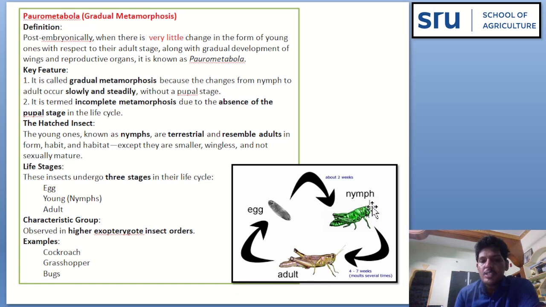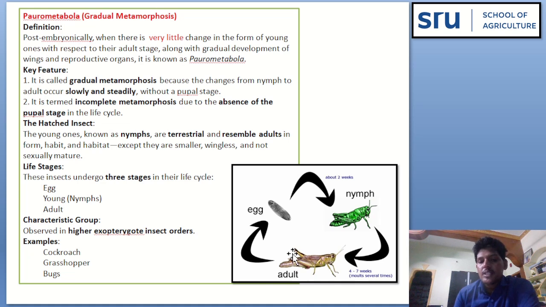The young ones, known as nymphs, are terrestrial and resemble adults in form, habit, and habitat. But in the case of hemimetamorphosis, the naiads differ in form, habit, and habitat from their adults. Here they resemble adults in their form, habit, and habitat, except they are small, wingless, and not sexually mature.